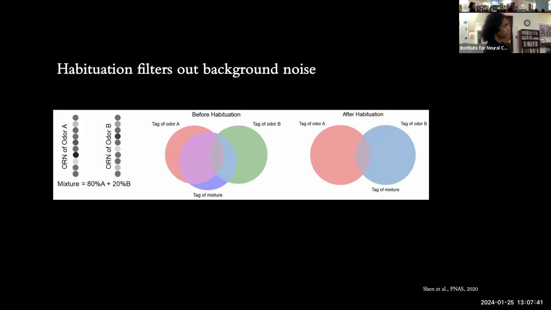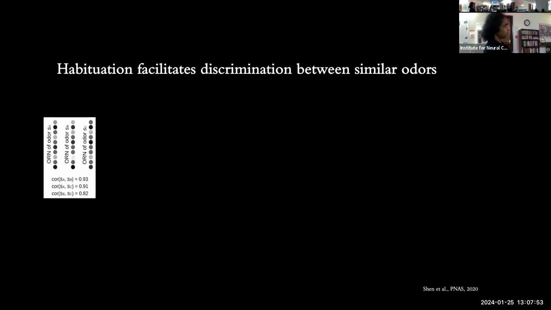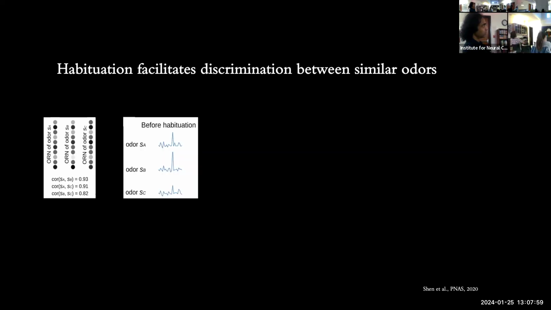In addition, habituation can also have another benefit, which is to facilitate the discrimination between very similar odors. Suppose we have three very similar odors, and their ORN responses are highly correlated, like this. If you want to discriminate between odor SB and odor SC, you might have a very difficult time doing that.